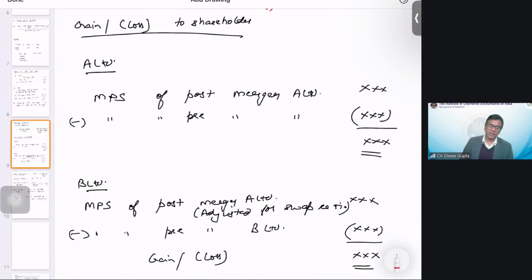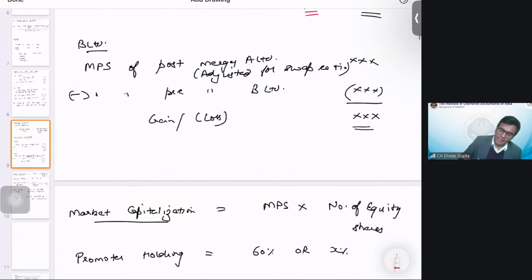Now, the question might ask you to calculate the gain or loss to shareholders post this merger. So here, for A Limited, the MPS of post-merger A Limited will be taken. From that, the MPS of pre-merger A Limited will be reduced. So this is again 1:1. Now from B Limited's perspective, MPS of post-merger A Limited adjusted for swap ratio, minus MPS of pre-merger B Limited will be taken, which is again a gain or loss.